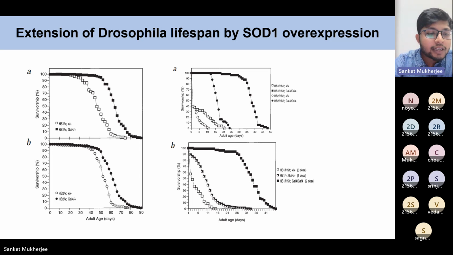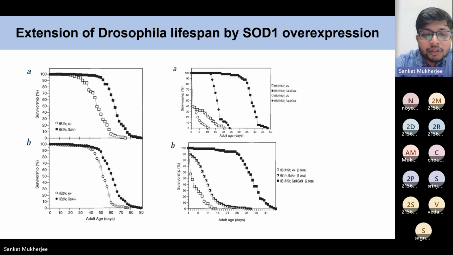In the y-axis, you see the survivorship percentage, and on the x-axis, the adult age. Here HS is human SOD1. When this is supplemented into the SOD null mutants, their lifespan is increased.